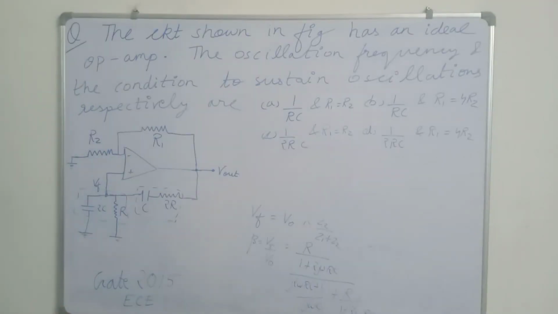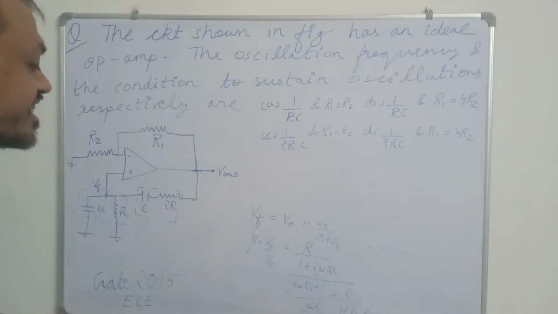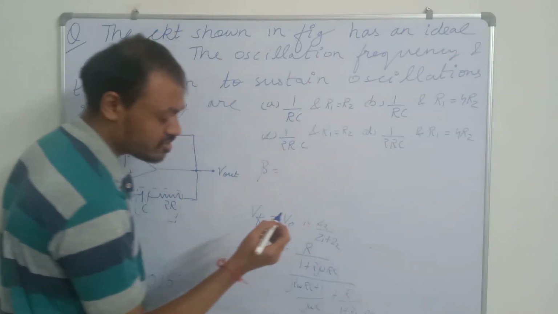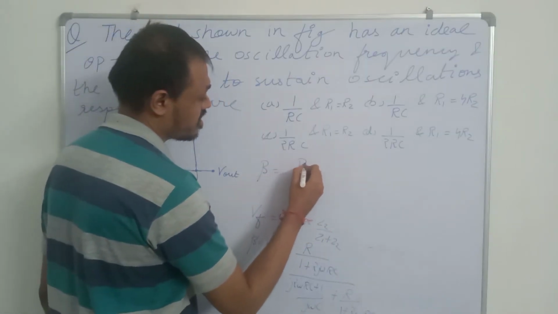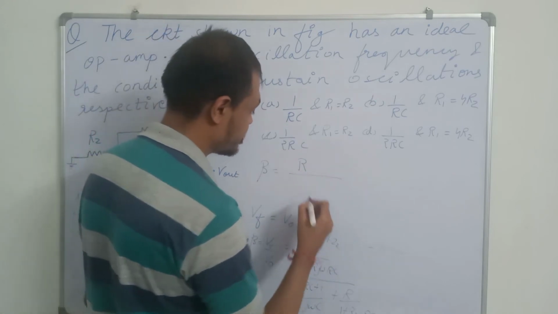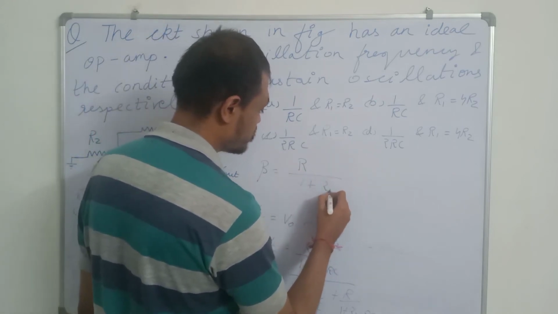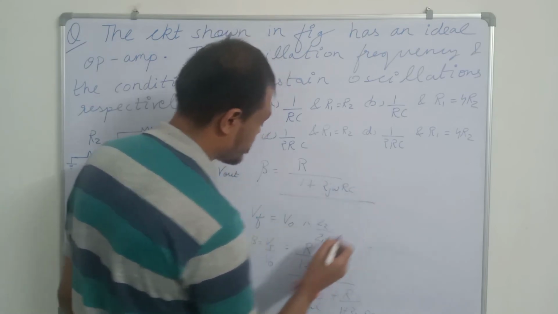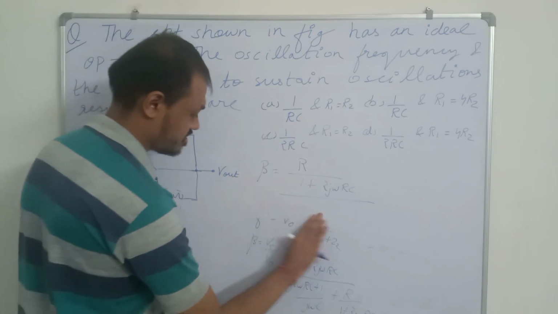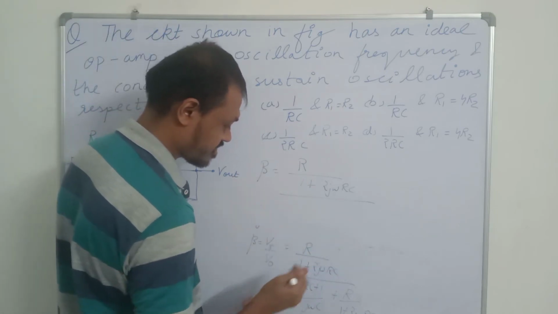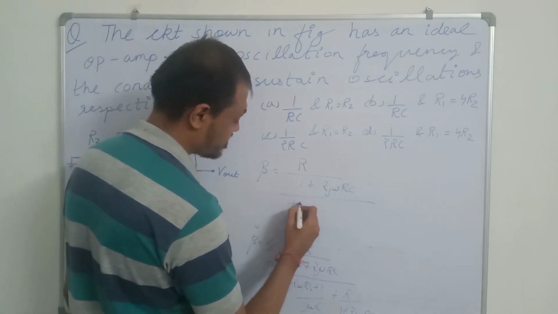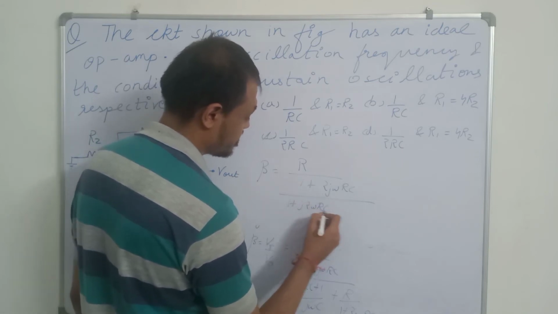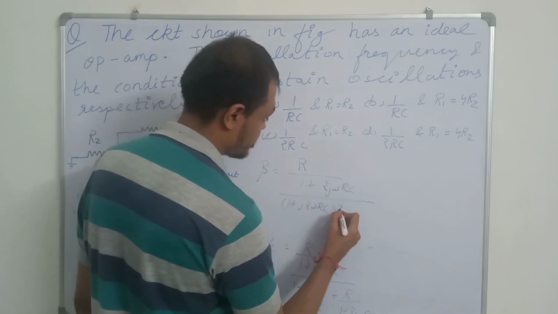Now we just have to take the LCM. So beta will be equal to R upon 1 plus 2j omega RC, upon 1 plus j2 omega RC whole square plus j omega RC.